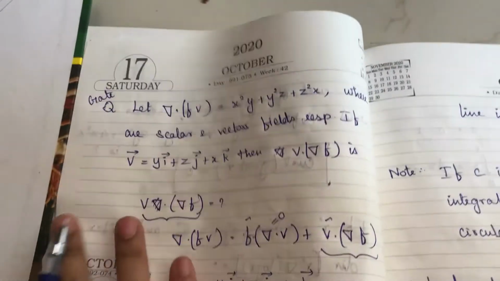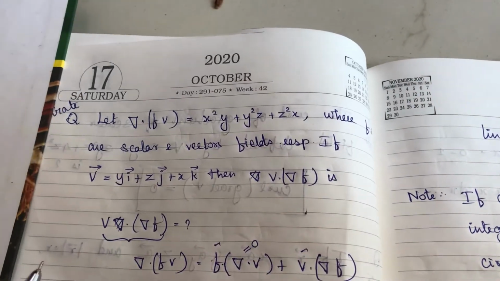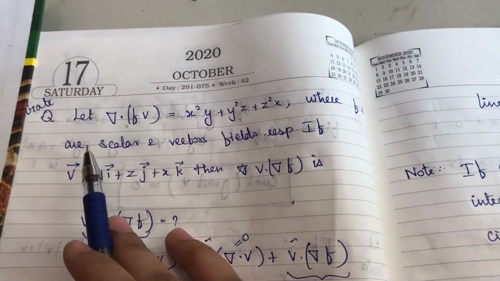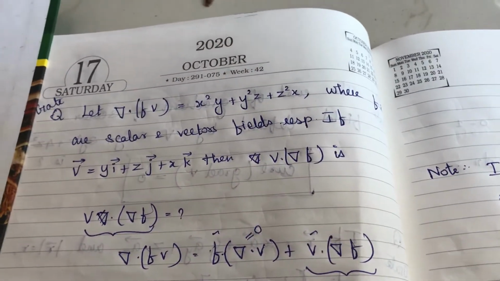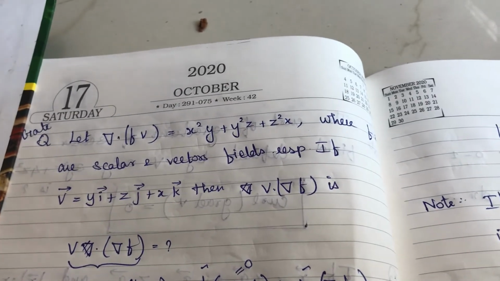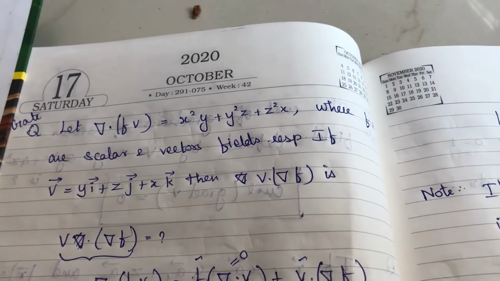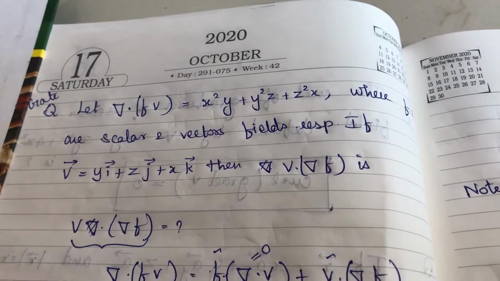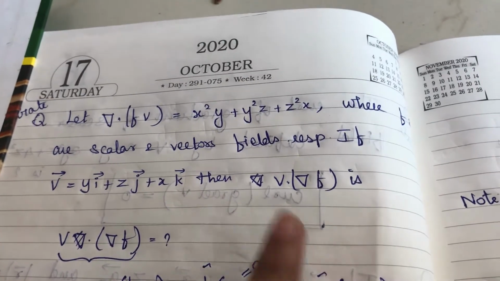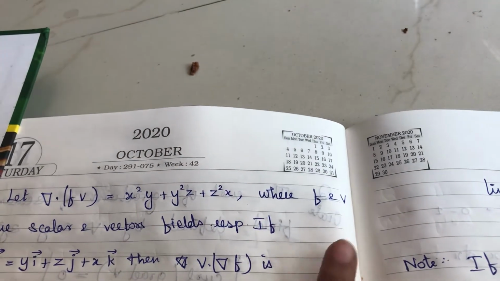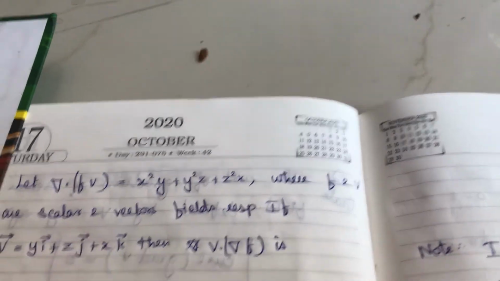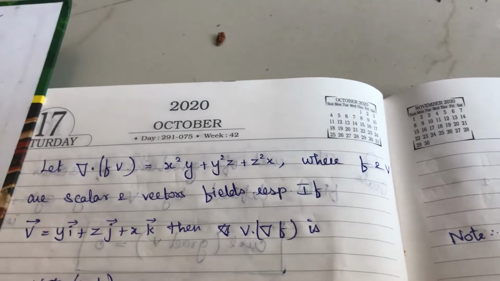Okay, let's see another great question here. Let del of fv, so they have given a function, f is a function and v is a function. So del dot fv is equal to, they have given one condition here, where f and v are scalar and vector fields.